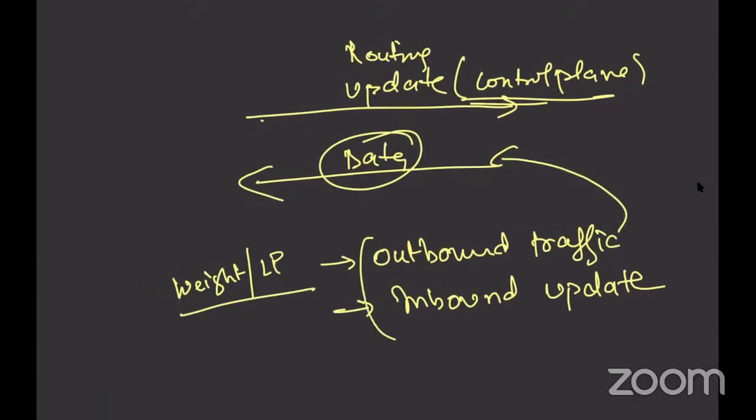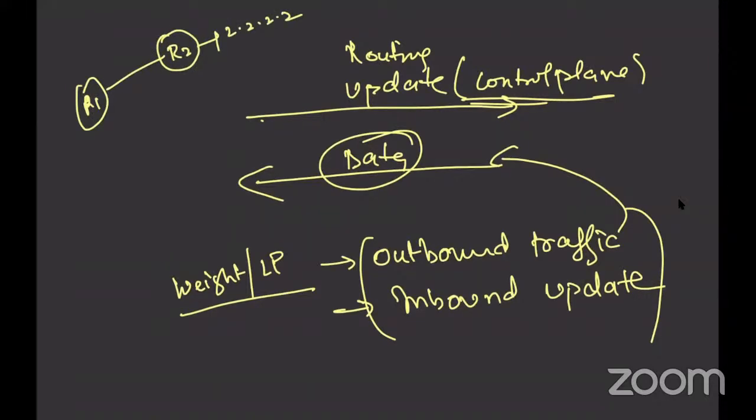Your update direction is always opposite to your traffic direction. Take R1 and R2. R2 is sending the network 2.2.2.2 to R1.